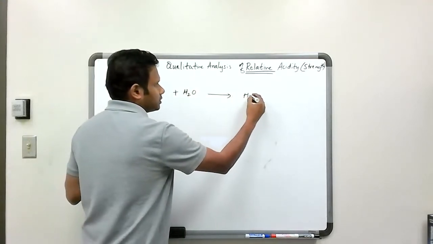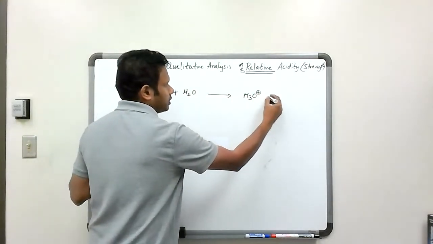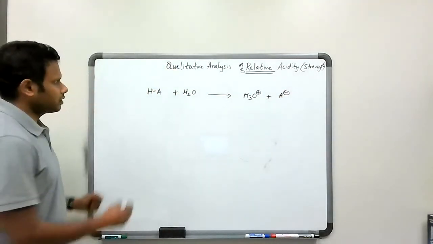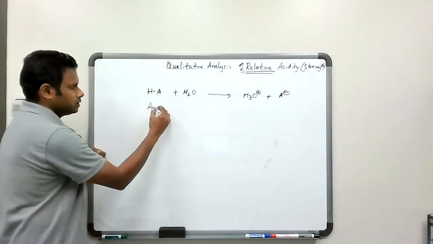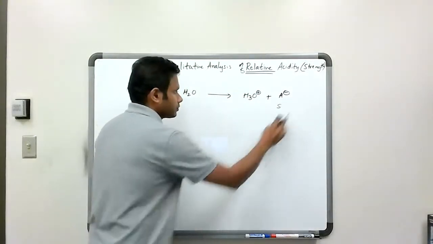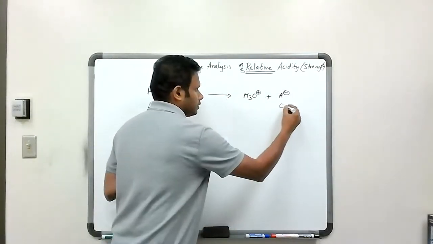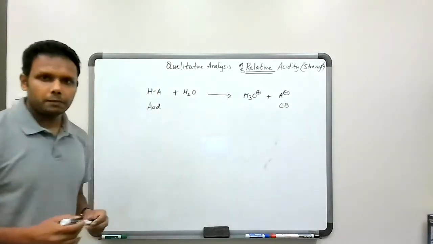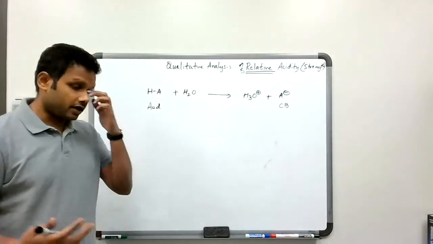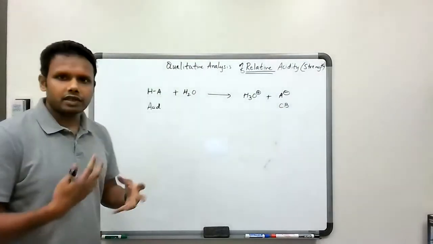This acid is going to react with water and give us hydronium ions and the conjugate base. So this is the acid and this is the conjugate base.